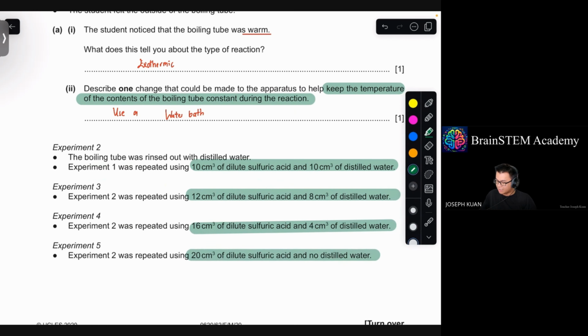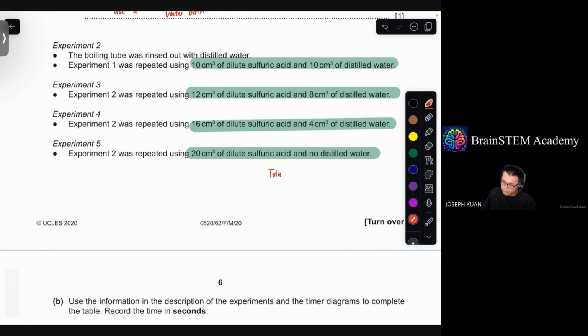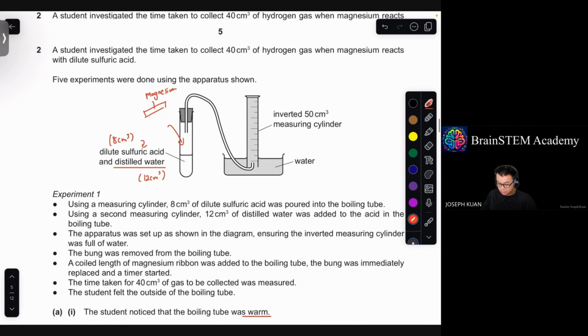So what is going on in the experiments? It's a dilution process. The total volume of the solution is 20 cm³ with different volumes of sulfuric acid and distilled water. So experiment 1 has 8 and 12.